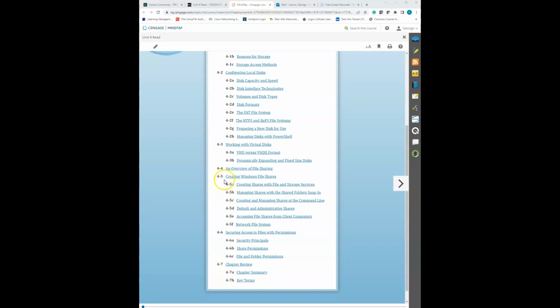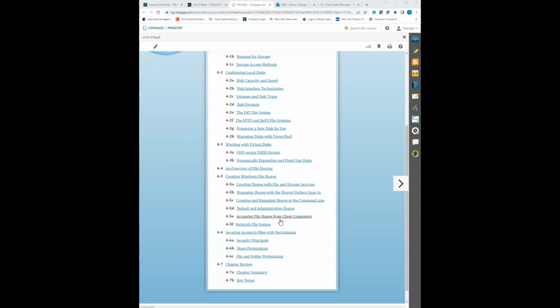Then we can walk through creating Windows share files, creating actually the share and the file, managing shares, creating and managing shares at the command line, admin shares, accessing file shares from client computers, network file system, so creating a shared drive, not necessarily creating a shared path. Well, I guess they're really all paths, right?